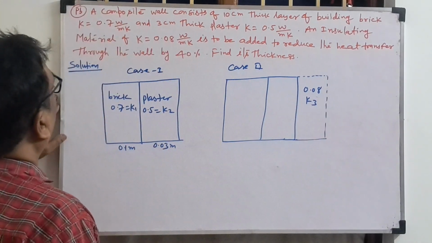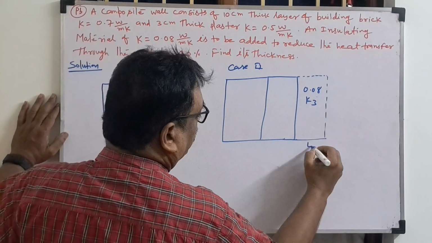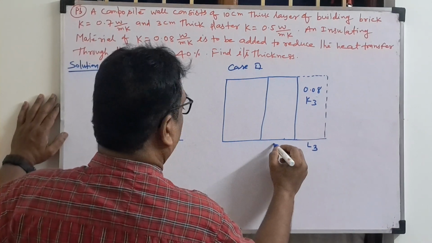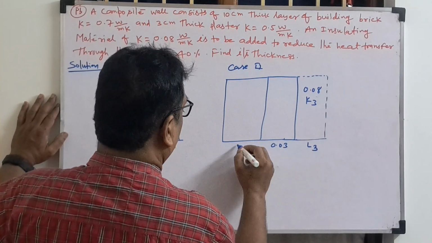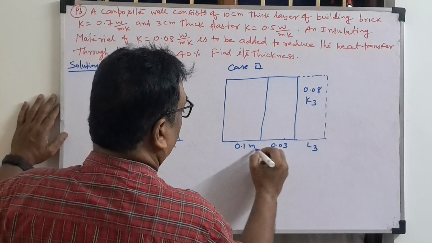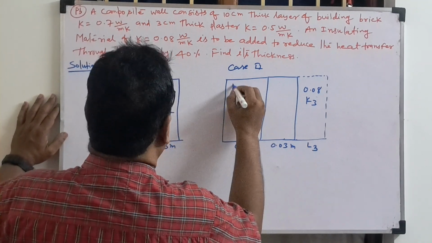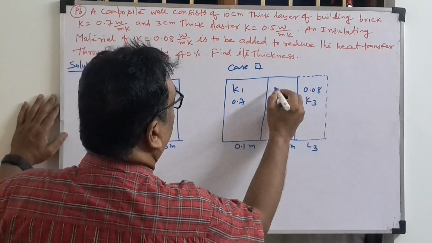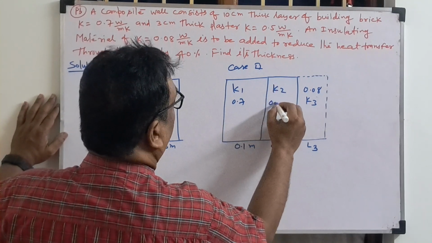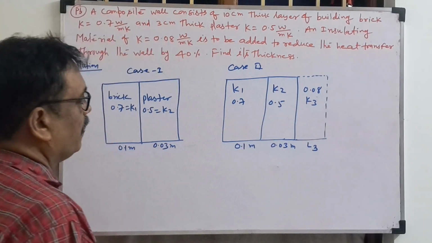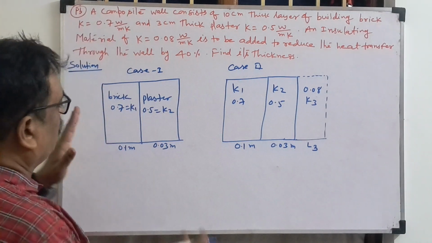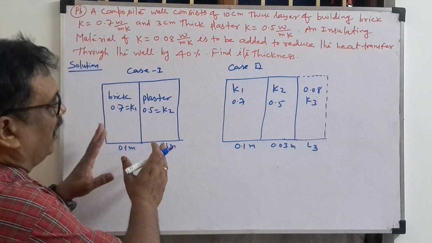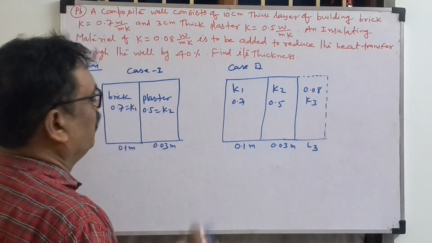They are asking for the thickness. We already know the other thicknesses, 0.1 and 0.03 meter. K1 for brick is 0.7, K2 for plaster is 0.5. So case 1, case 2. First, in case 1, what will we find? We will find the unknown, then substitute to get the answer.